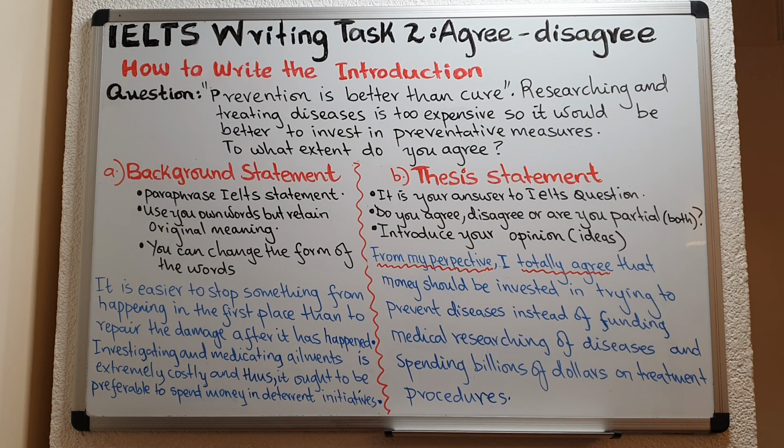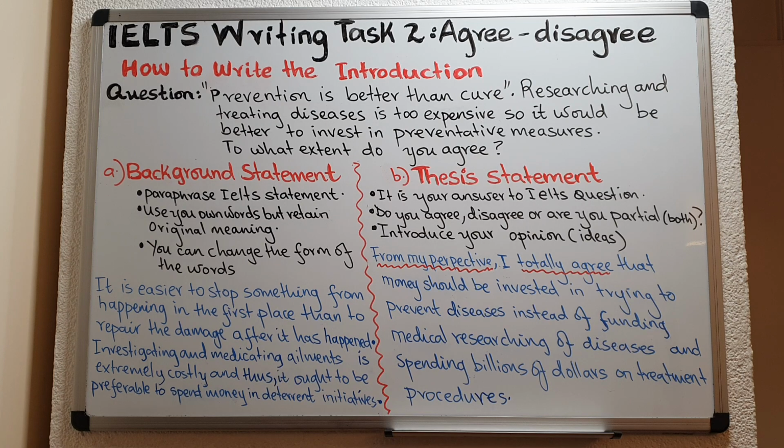So in your thesis statement, first of all, introduce it using words that suggest your opinion. You can use "from my perspective" or you can use "in my opinion." After that, make it very clear that you either agree.